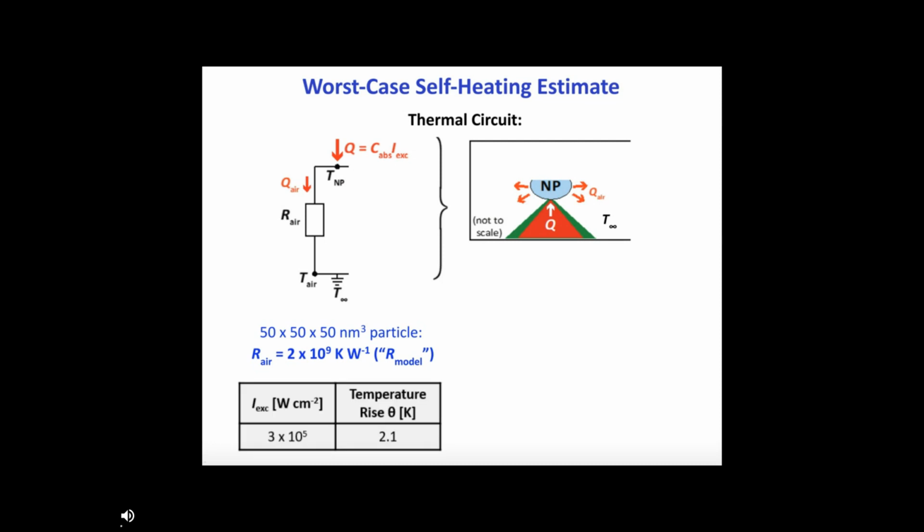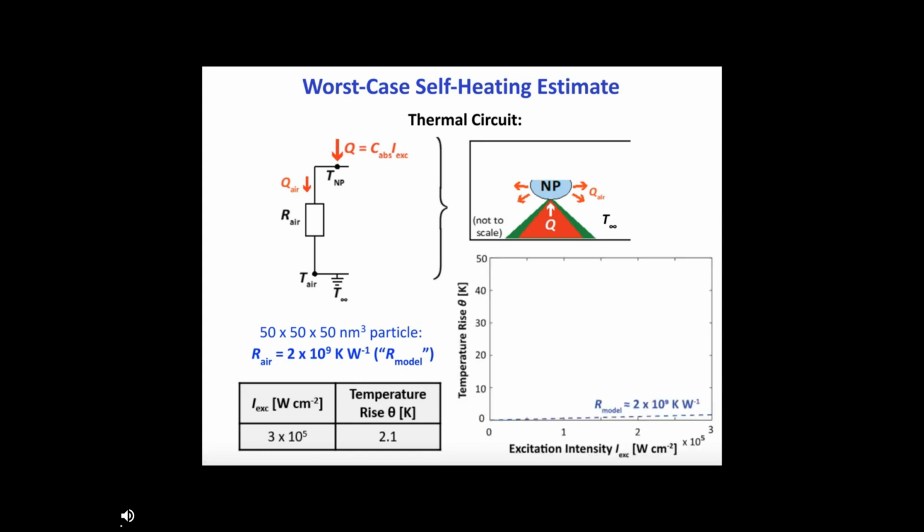And for an excitation intensity of 3 times 10 to the 5 watts per centimeter squared, which corresponds to the upper end of the range that we use in this next set of experiments, we calculate a temperature rise of about 2.1 Kelvin. So not too bad, even in this worst case scenario estimate, we're only getting a few Kelvin temperature rise.